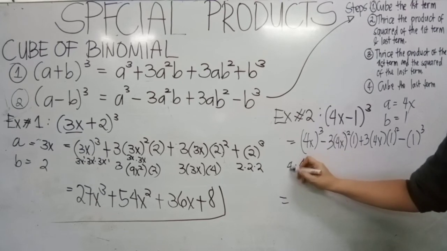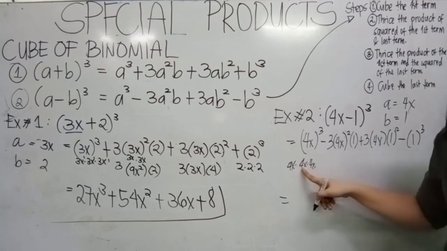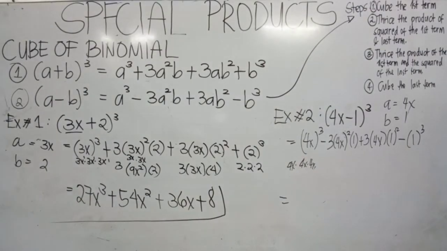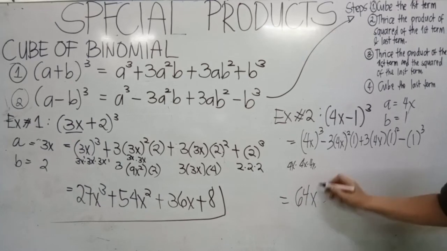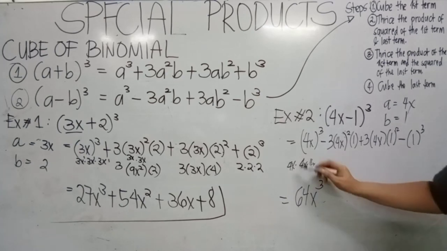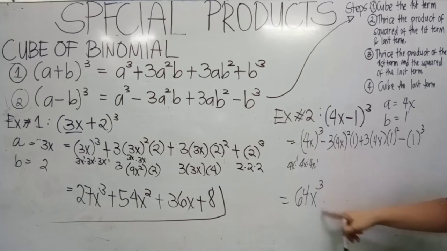Alright, so we have 4x cube, katumbas niya ni 4x multiplied by 4x multiplied by 4x. So, 4 times 4, we have 16. Tama? 16 times 4, we have 64x cube. Bakit naging cube? Kasi nga po 1 plus 1 plus 1, we have 3.